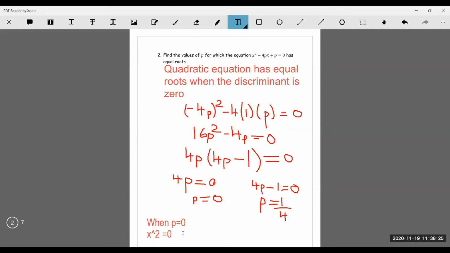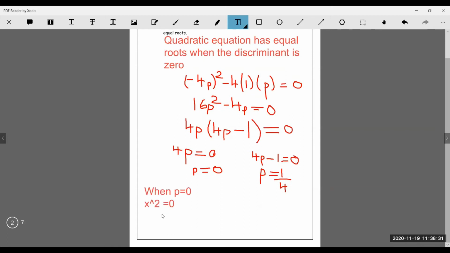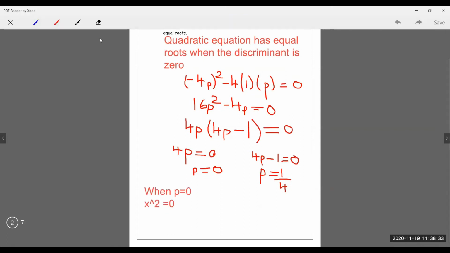So when p is 0, we get the equation x squared equals 0. But look at this now. If you were to solve that, you're only going to get x equals 0 and x equals 0, repeated. And so clearly we can conclude that when p is 0, it has a repeated root.